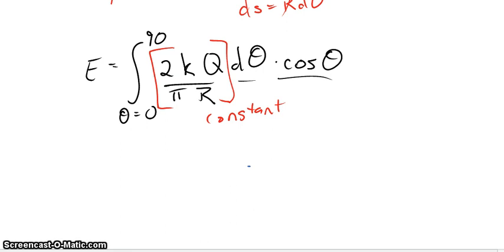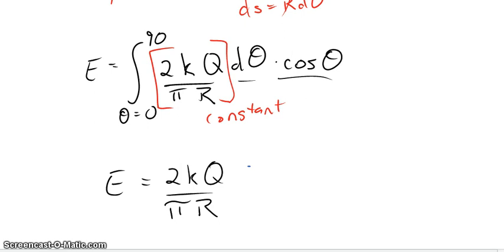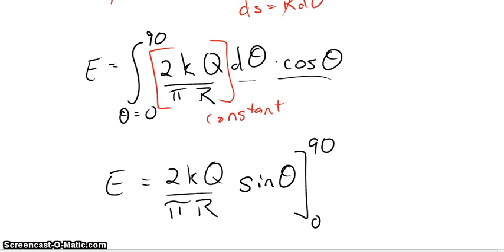That's sine. So our electric field is all this constant, 2k big Q over pi r, and now we evaluate sine of theta at 0 and 90.